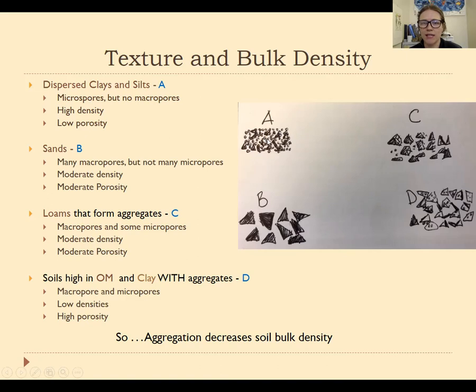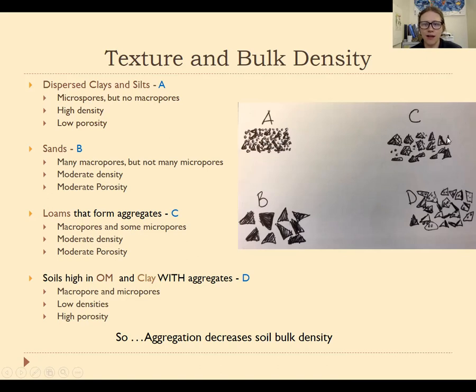If the soil is disturbed by mechanical or chemical means, if it has been broken down so the individual particles are not aggregating well, then that soil might have pretty high density. But if the soil is functioning well, in a healthy environment, with good organisms and good organic matter, and it's well aggregated, then that soil with fine particles might actually have a pretty low density, even lower than something like a sand.